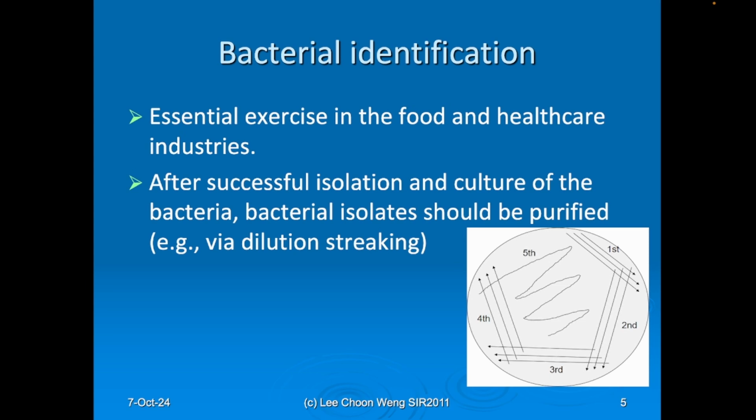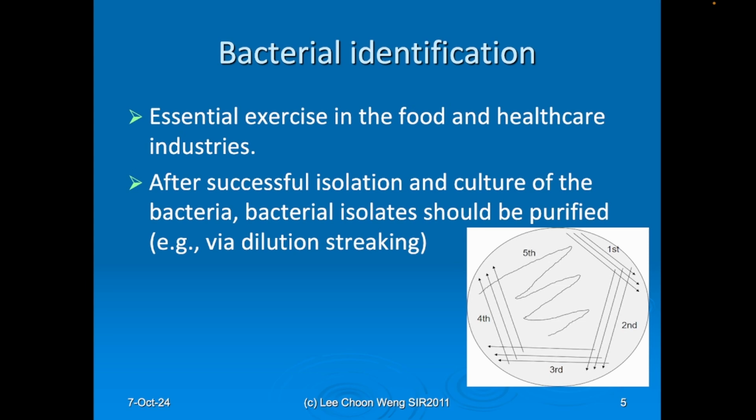So the job of a microbiologist is, first you have to be able to follow instructions. All established labs already have SOPs, standard operating procedures, which means you don't have to reinvent the wheel.